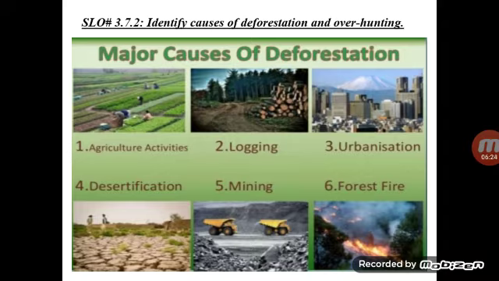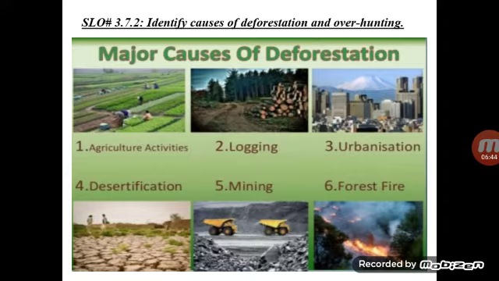Now the SLO 3.7.2: identify the causes of deforestation and overhunting. First of all, causes of deforestation. Agricultural activities.